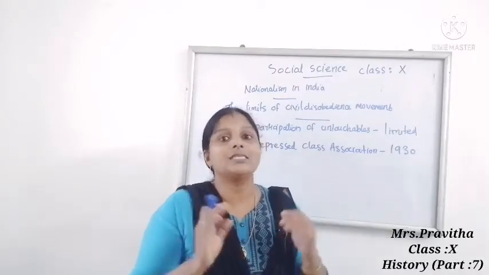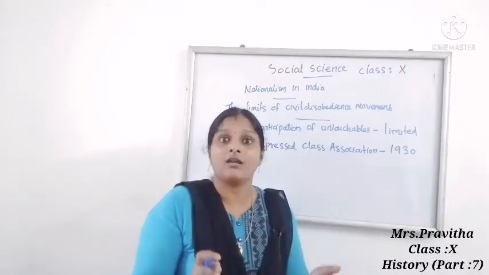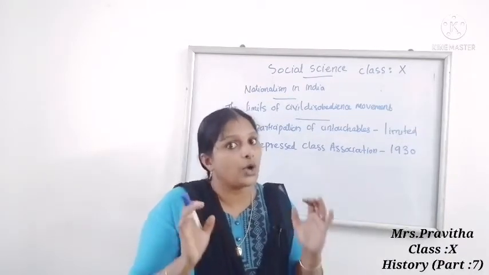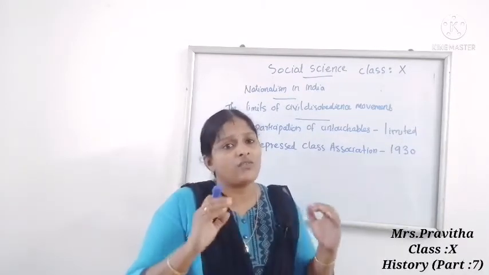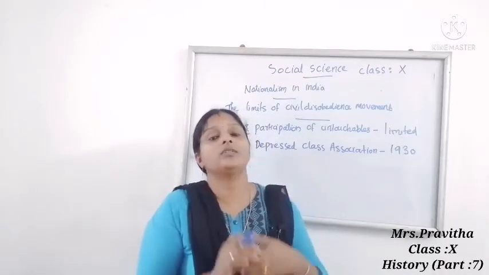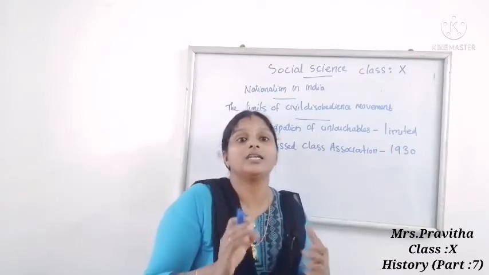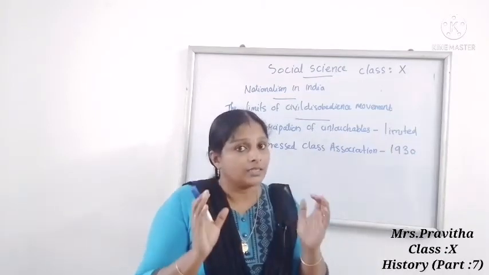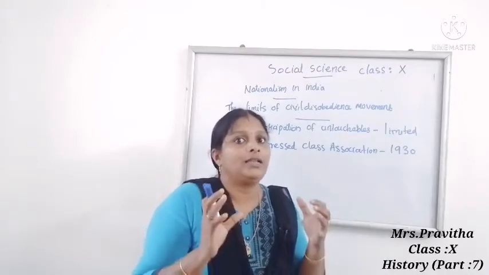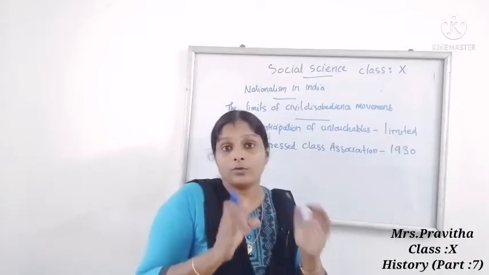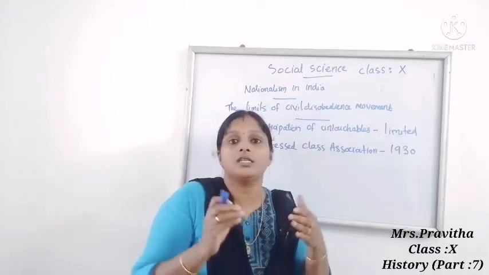The British government conceded his demand. But Gandhiji began a fast unto death. Gandhiji believed that a separate electorate for Dalits would slow down the process of integration and affect the unity of Dalits in society.